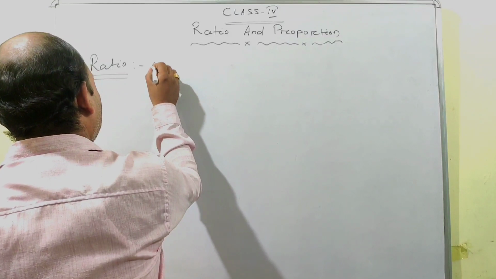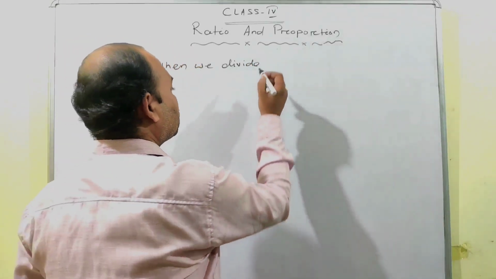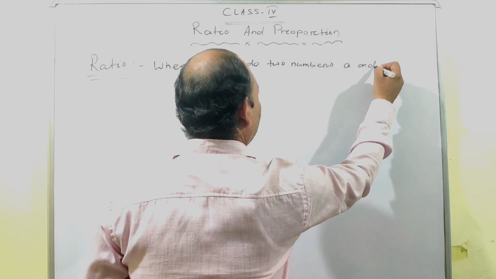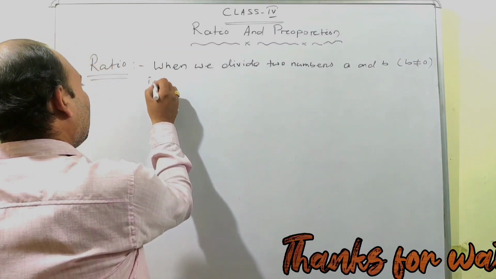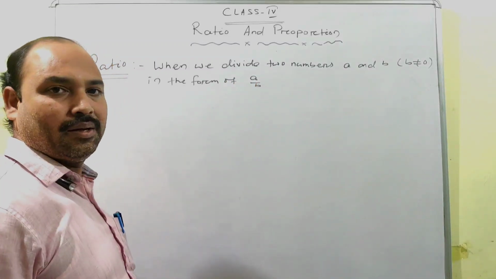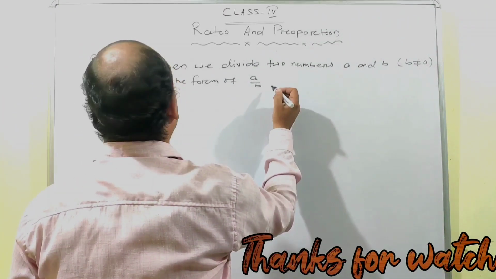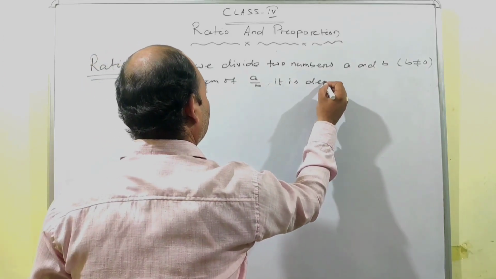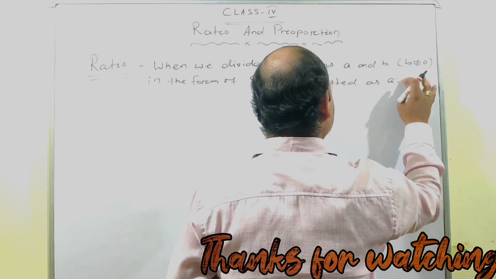Suppose we take two numbers, let A and B, and remember here B is not equal to 0, in the form of A upon B. It is denoted as A is to B.